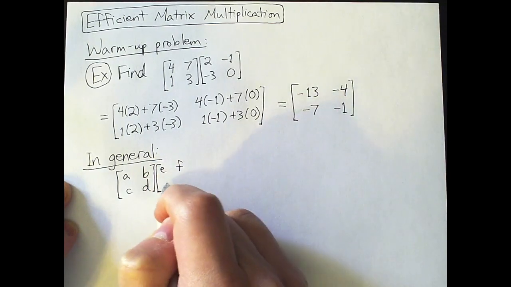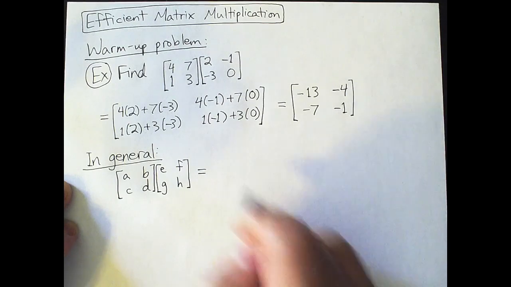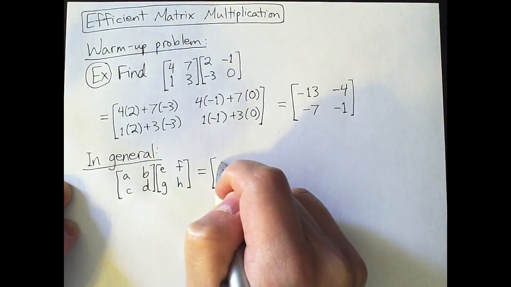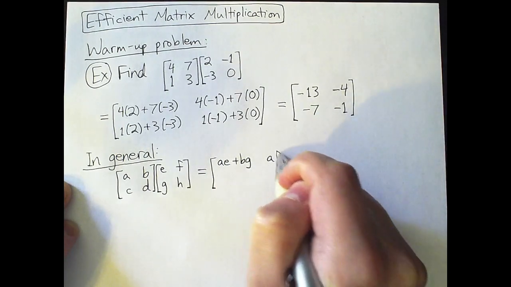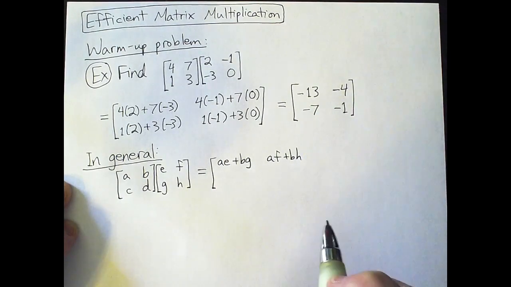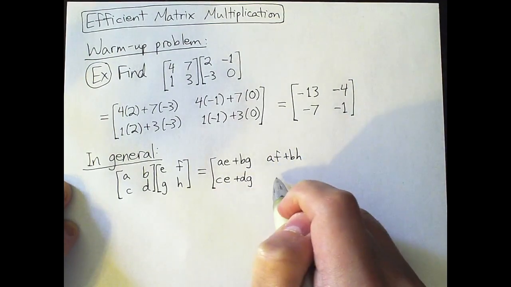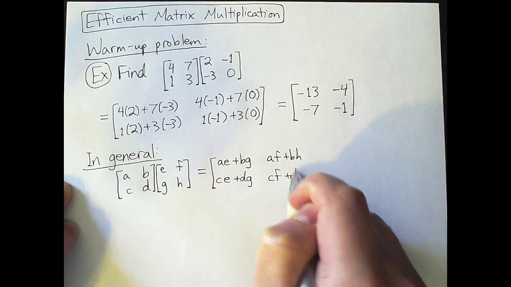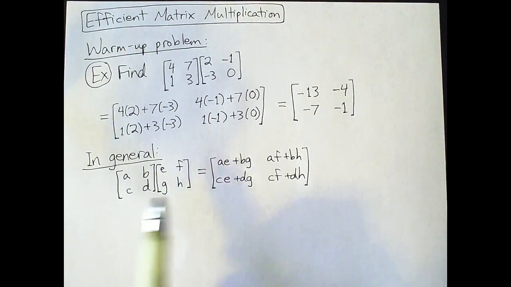We'll call these entries E, F, G, H. You know that when you multiply them, you wind up doing AE plus BG, AF plus BH, CE plus DG, CF plus DH. That's basically what we did above, except instead of specific numbers, we just have these constants, A, B, C, etc.